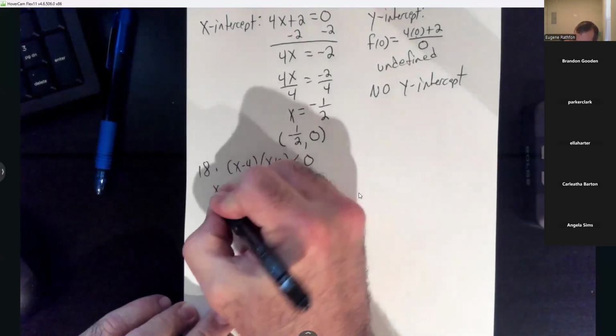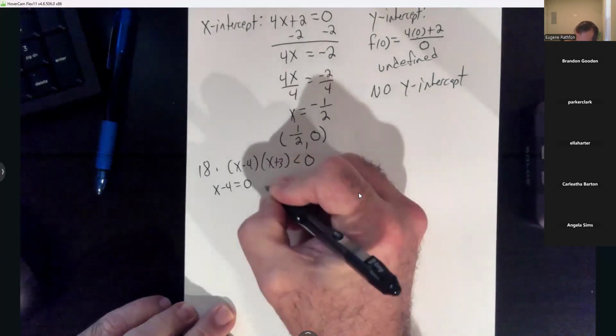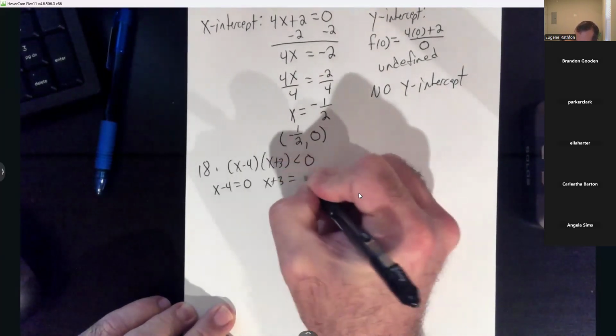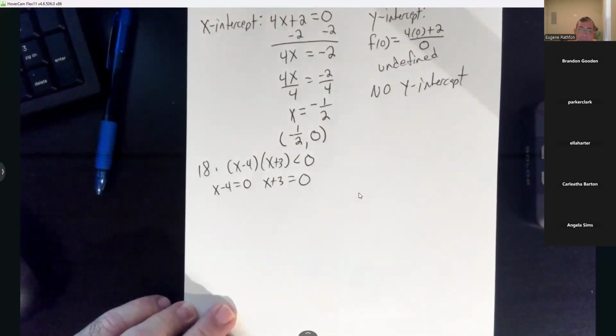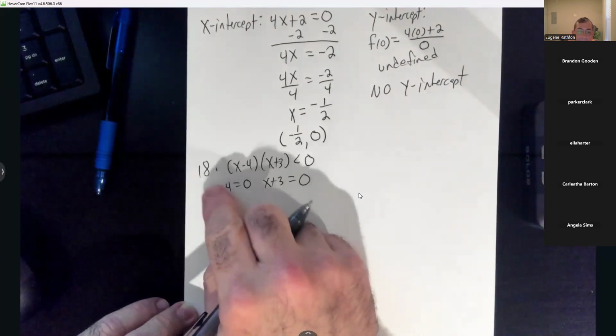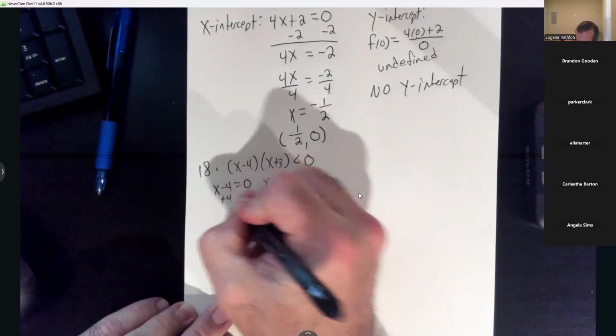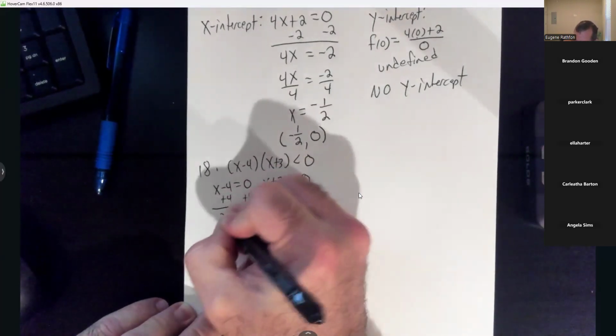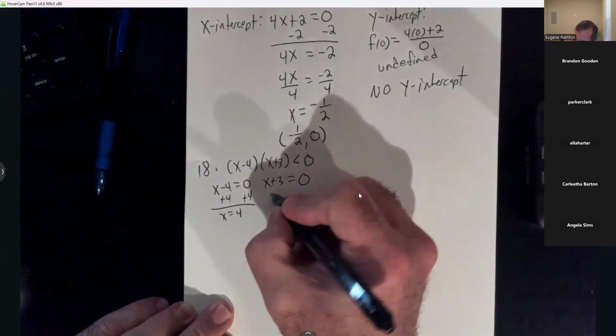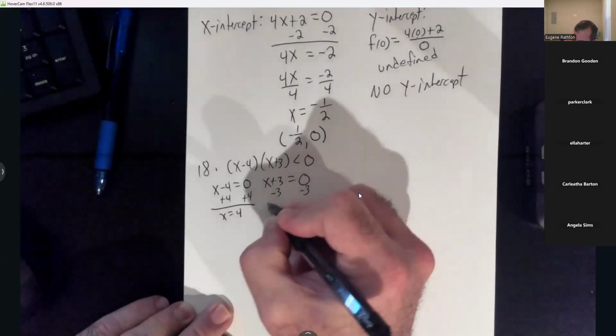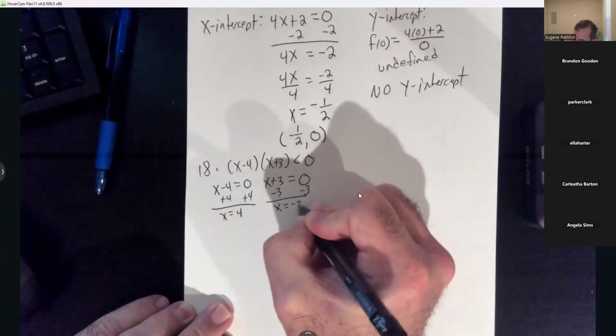So we're just going to take both factors, set them equal to 0. All right, so here you're going to add 4 and get x equals 4. This one you're going to subtract 3 and get x equals -3.